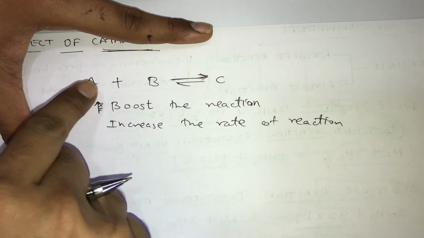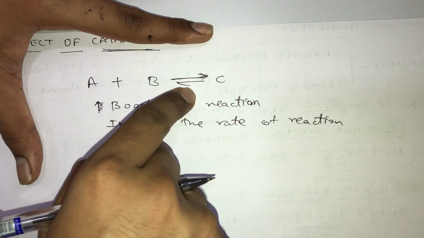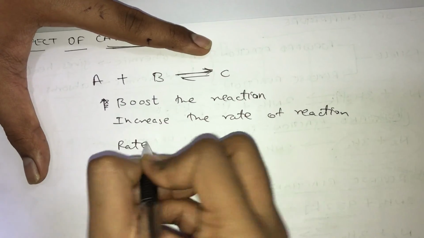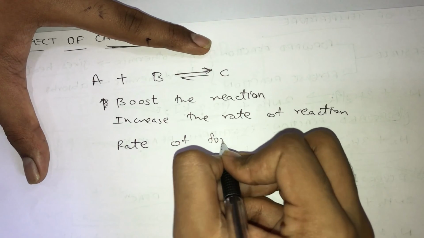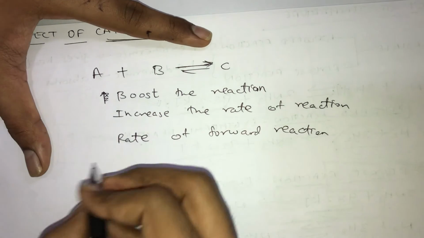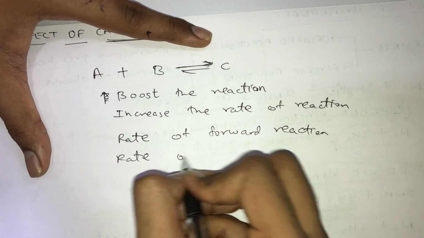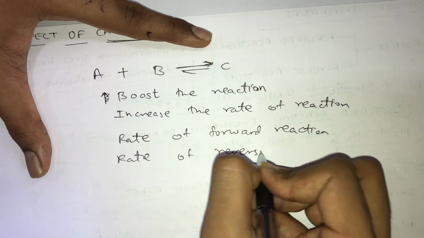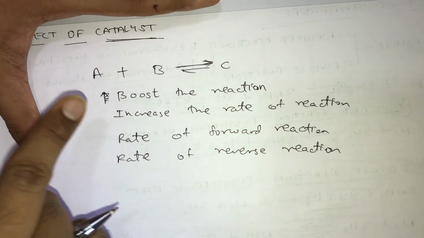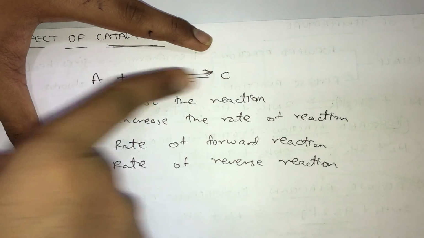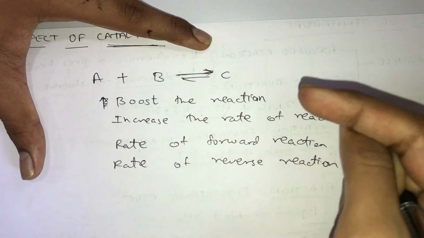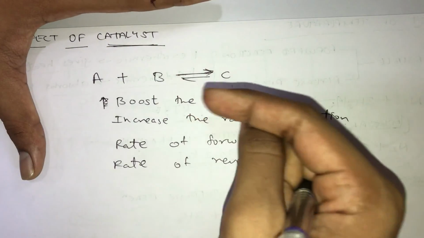Now, here we have a reversible reaction, which means that the catalyst is going to increase the rate of forward reaction, as well as it is also going to increase the rate of reverse reaction. It is not that it is only going to increase the rate of forward reaction. No, it is going to increase the rate of both the forward reaction as well as the reverse reaction.